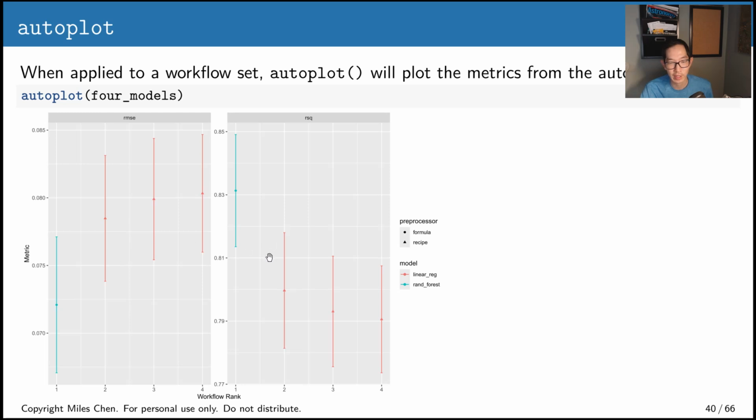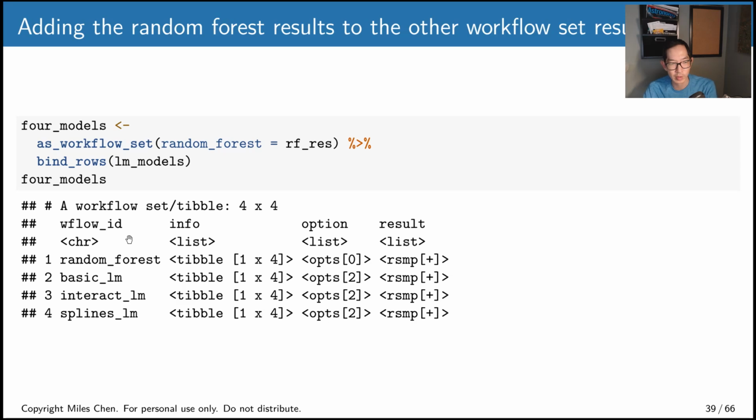And then as far as linear regression goes, it does seem like the models improve as our formula got more and more complicated. Okay, RMSE did go down. It said the workflow rank.